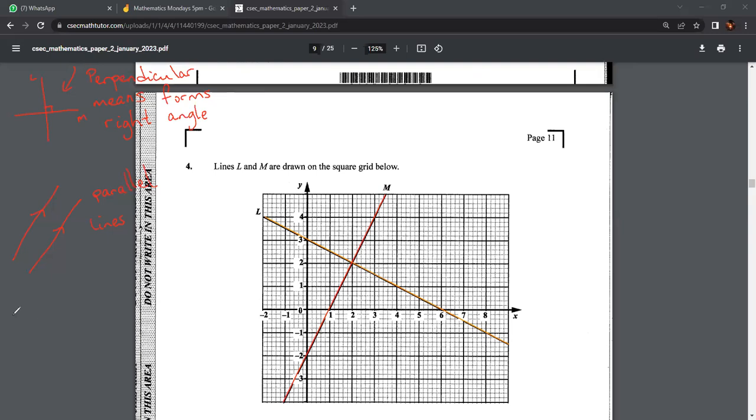Now, for perpendicular lines, when I multiply the gradients of both lines, so if I take the gradient of line 1 and multiply it by the gradient of line 2, I'm supposed to get -1.